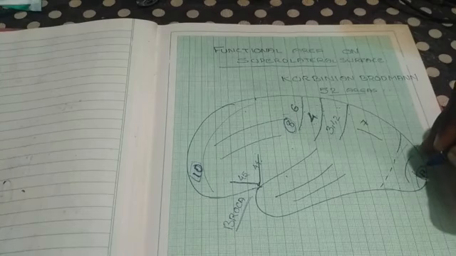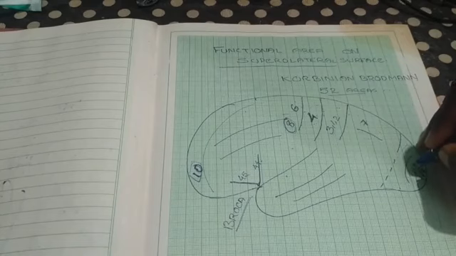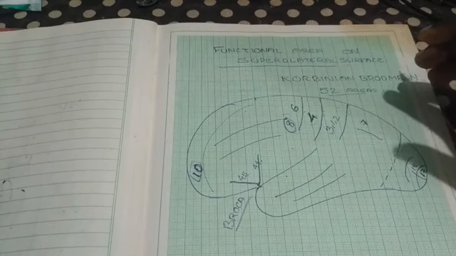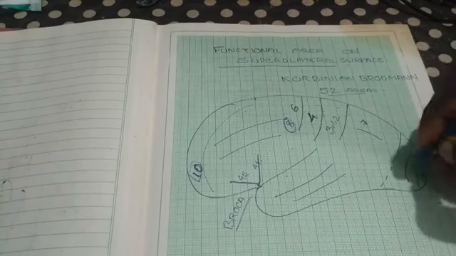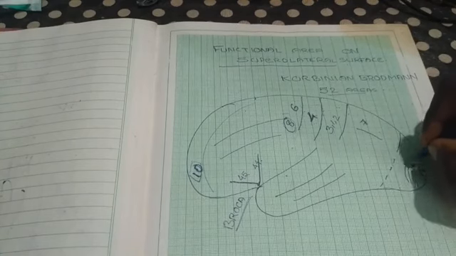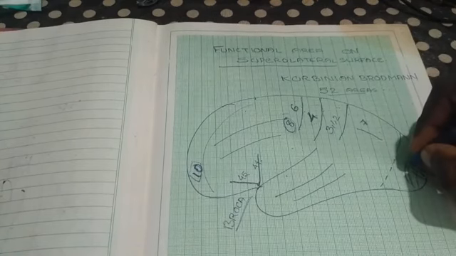Then just behind the primary visual area, there we can see another area, called the secondary visual area. Again behind the secondary visual area, there we can see another area.